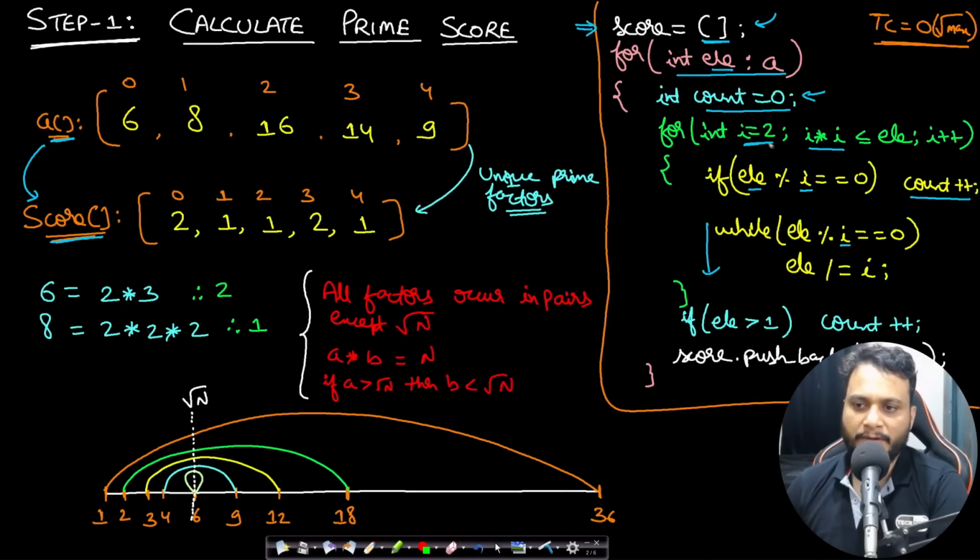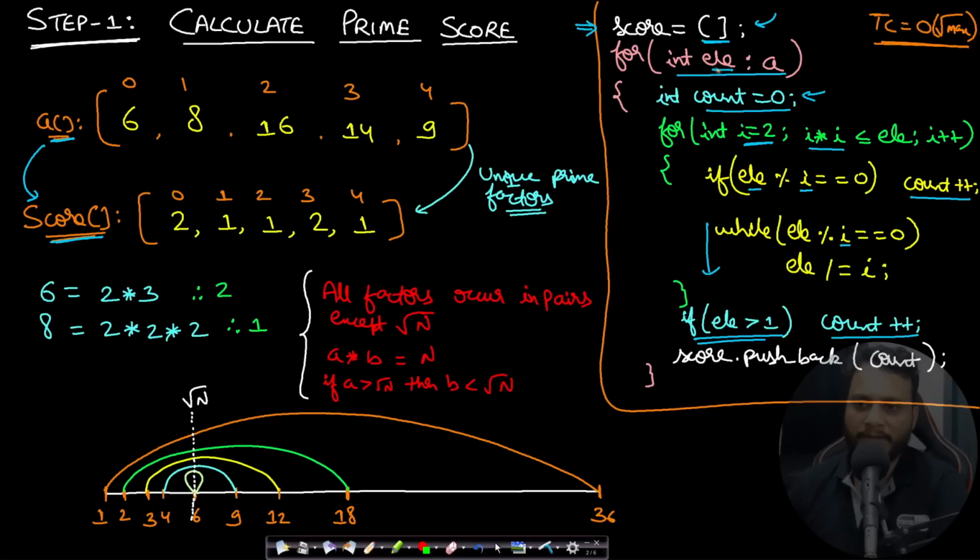And after that I will go to the next item. Once this entire process is done, I will be checking if the element left is greater than 1, that means it must be a prime number, and so it will contribute 1 to the count as well. And after counting for the given element, I will be saving the score in the score array. Okay, so score dot push_back this count.